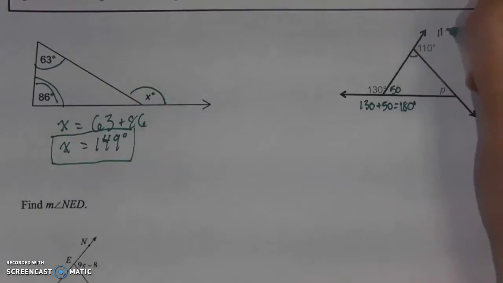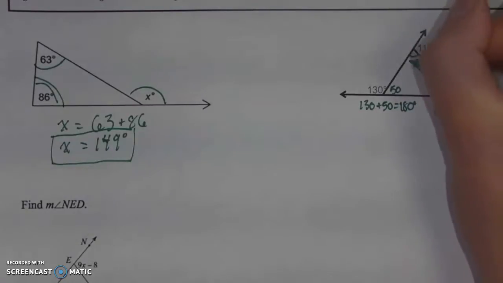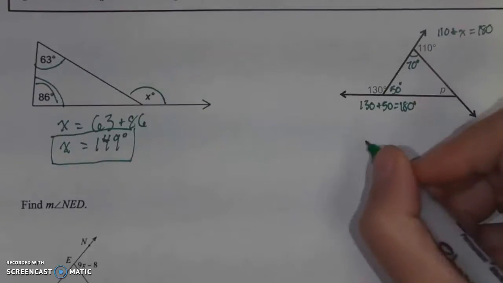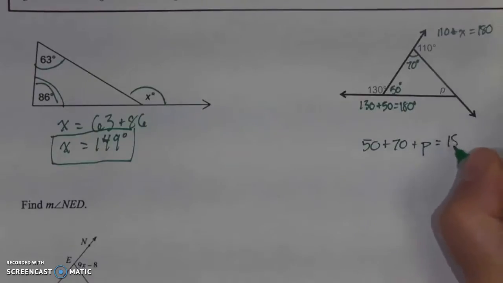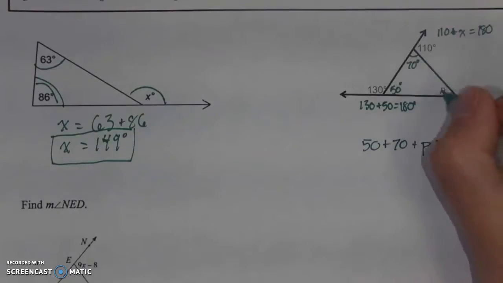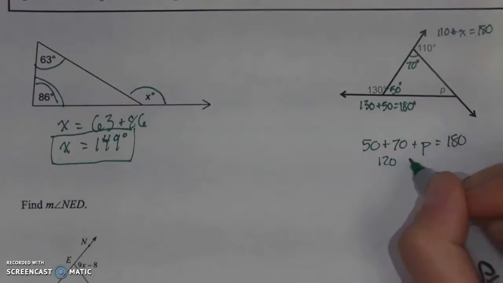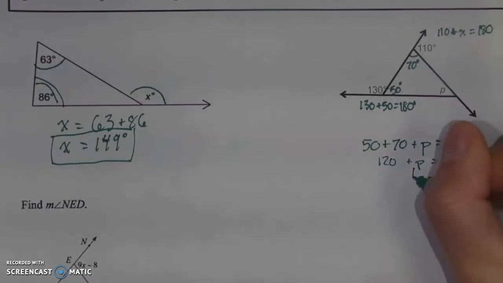That tells me 110 plus my interior angle is going to be equal to 180. Subtract 110 from both sides, and I know that this will be 70 degrees. I can use this to solve for P by saying 50 plus 70 plus P is equal to 180, because the sum of the inside of a triangle will equal 180. That tells me 120 plus P equals 180, or P is equal to 60 degrees.